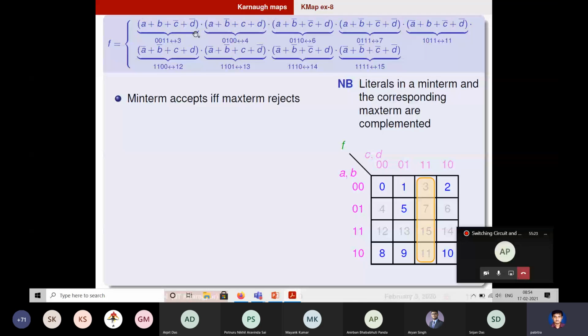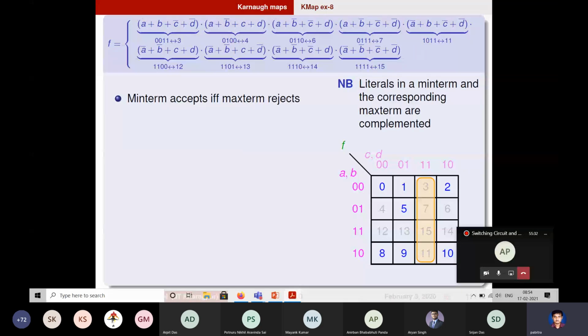And as you know, each term inside this bracket, for example, say A plus B plus C bar plus D bar, each of these terms is called a max term.